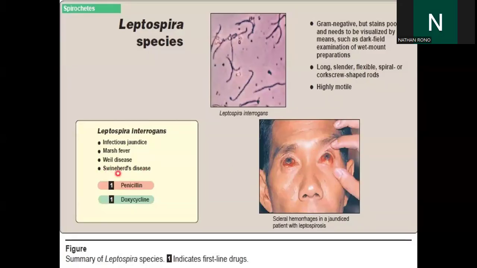Then Weil disease. Weil disease is when you're having now a severe form of this, because if you don't treat, it is going to continue disseminating. Once it disseminates, you have the red eyes and the jaundice. We call it icterohemorrhagic leptospirosis, that is jaundice, hemorrhagic, red eyes with jaundice.